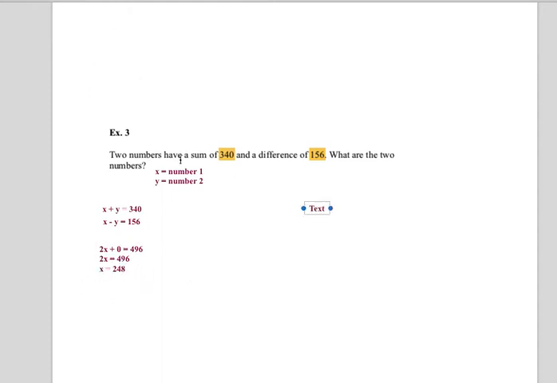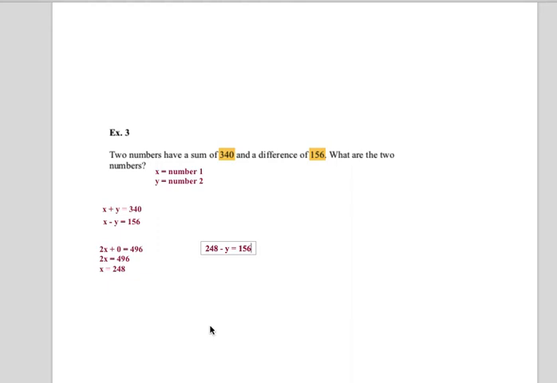And we can then plug that into our other equation. So I'm going to choose this one right here. So we're going to plug 248 in, minus y equals 156.